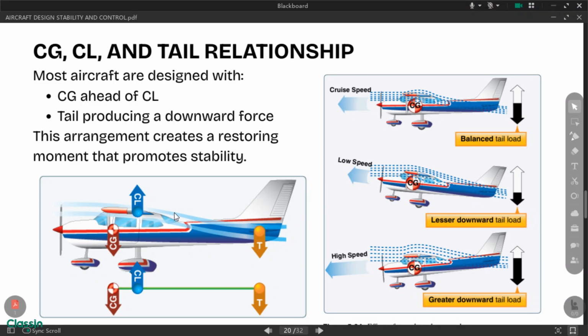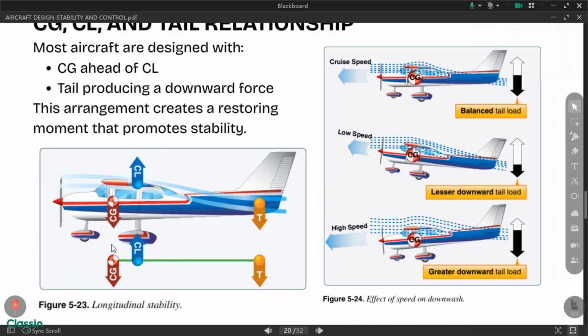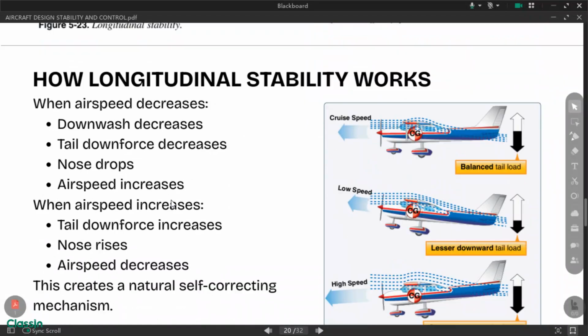The answer is stability. Okay? Kasi a nose-heavy aircraft would naturally tend towards a safe recovery behavior. So, to balance yung nose heaviness natin, yung horizontal stabilizer natin at the back, they create a downward force. Okay? Because yung tail natin is far behind the CG, even a relative small downward force can create a substantial balancing moment.